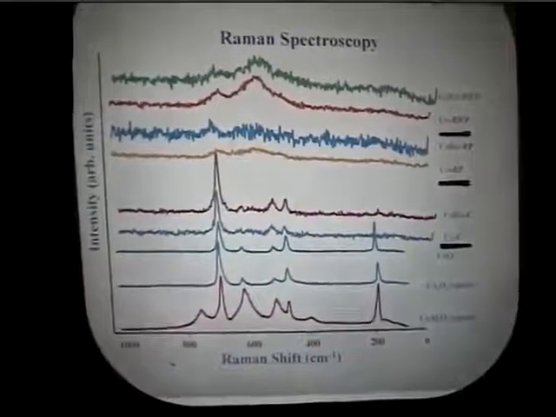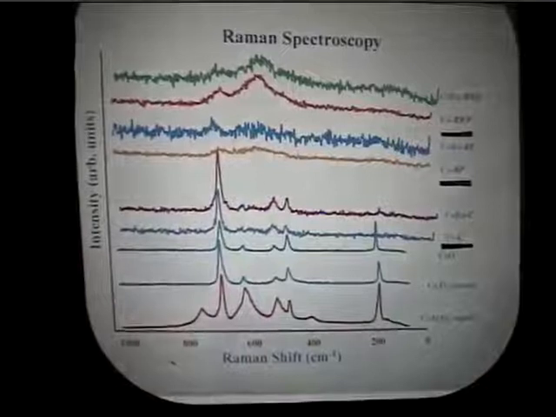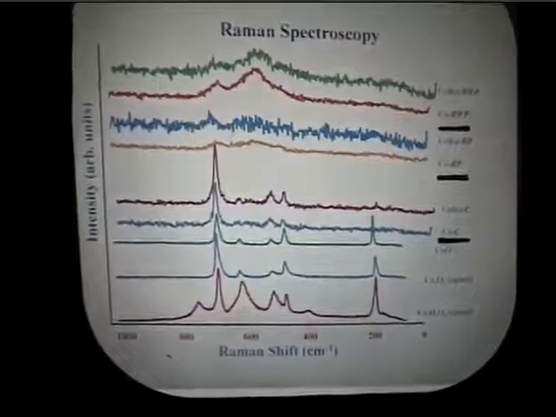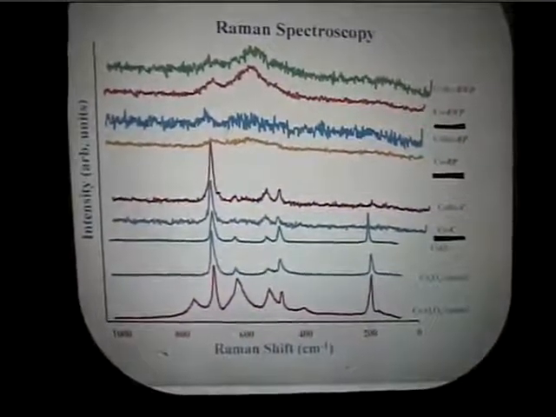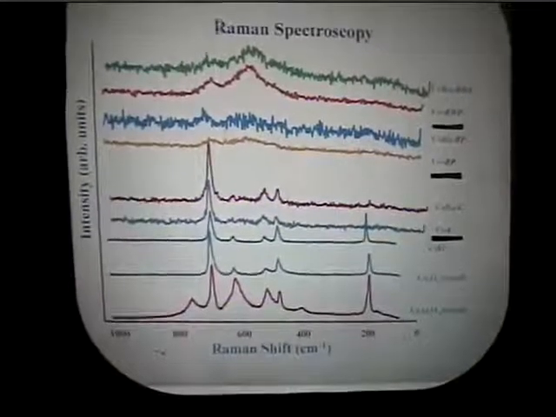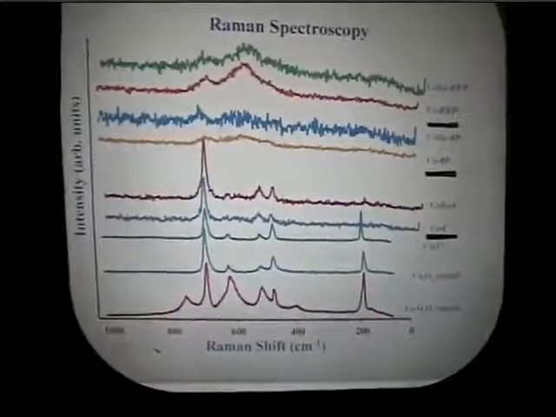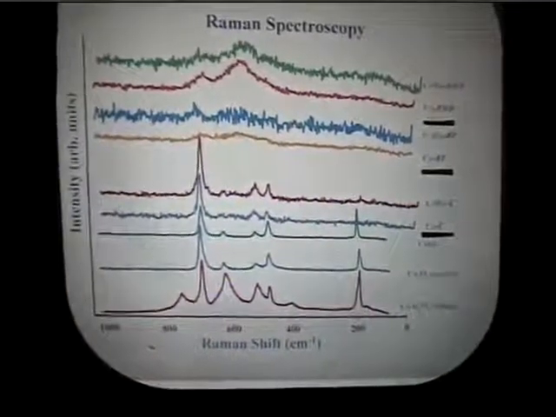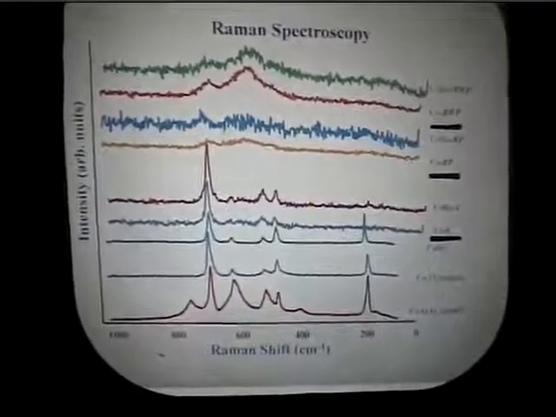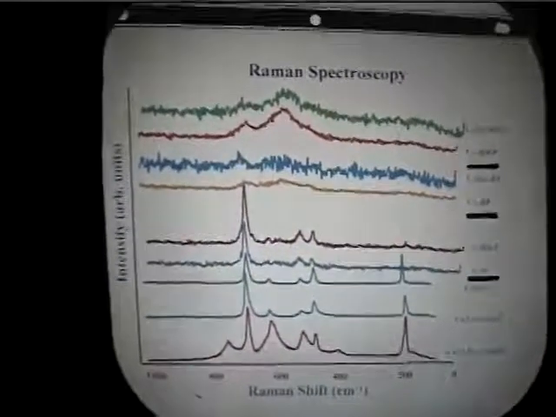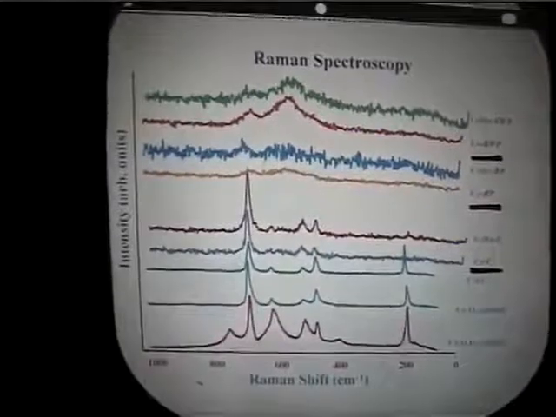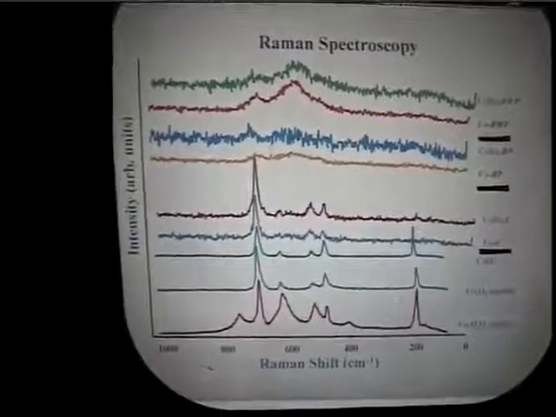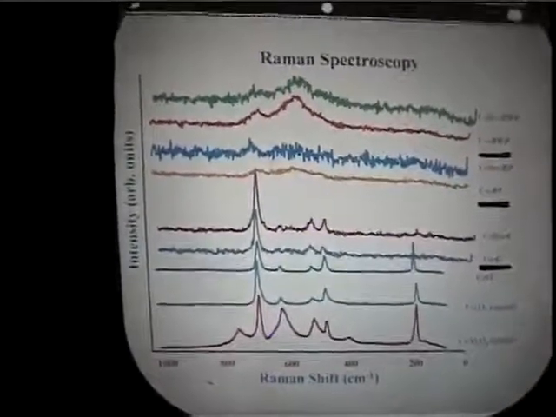However, a broad Raman band between 400 and 750 was seen, and the peak area depends on the catalyst composition and the pretreatment conditions as well. So we just try to focus on these regions.